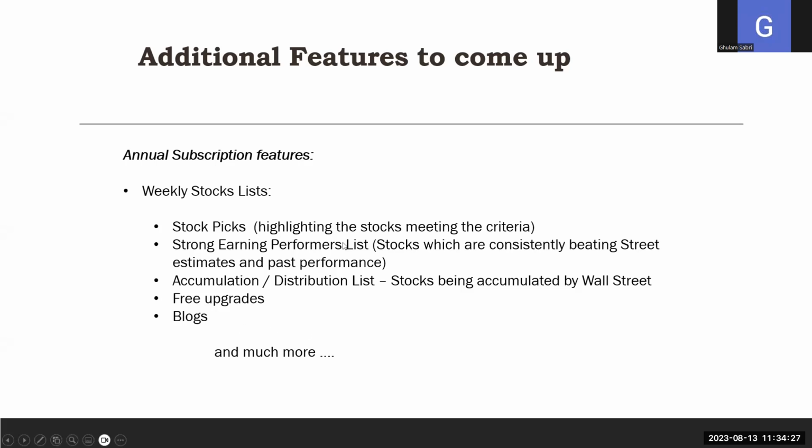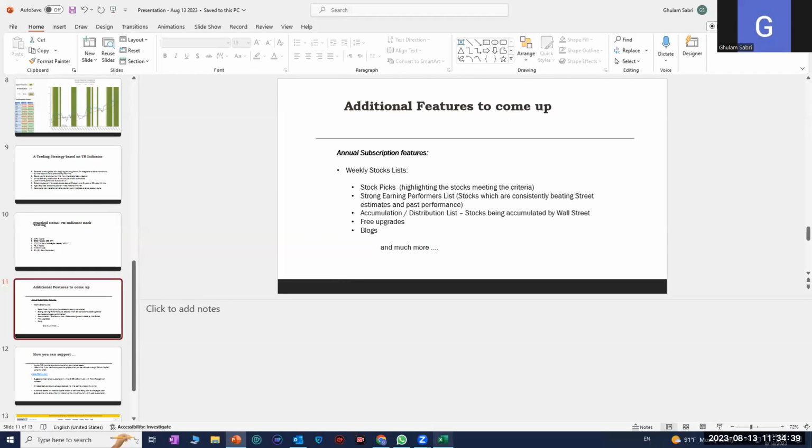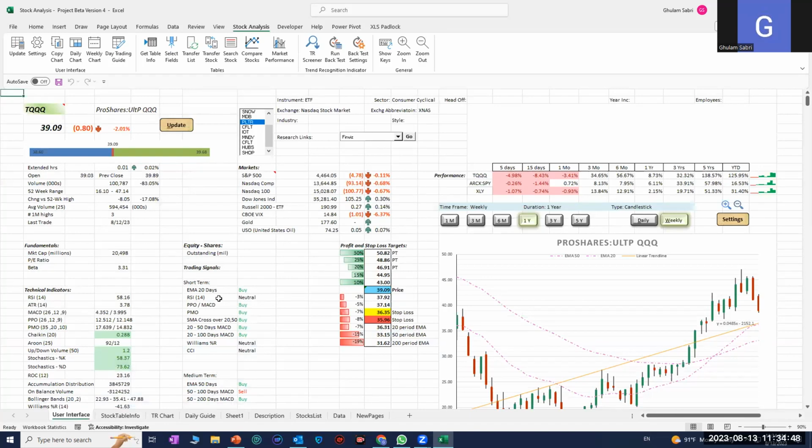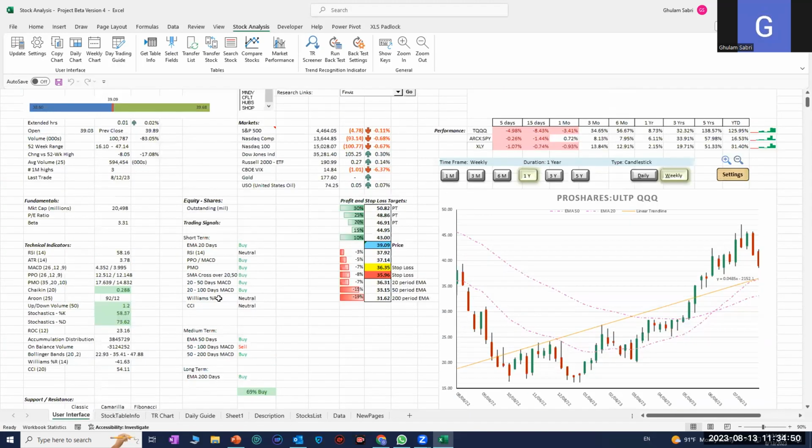Is it in our list of strong earning performers? Is Wall Street accumulating it or distributing it? That is more of an ongoing thing rather than technical analysis. The software itself is taking into account its past performance and all these technical indicators to develop these kinds of signals. All right?